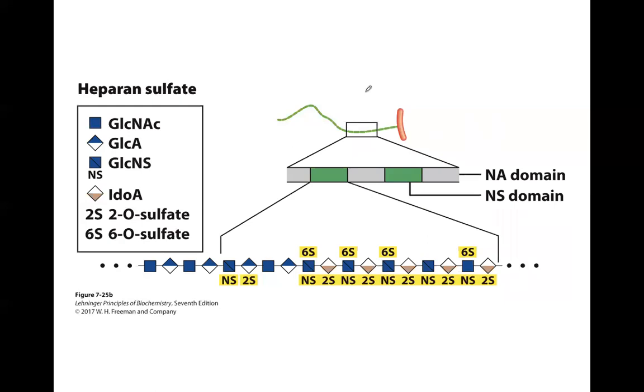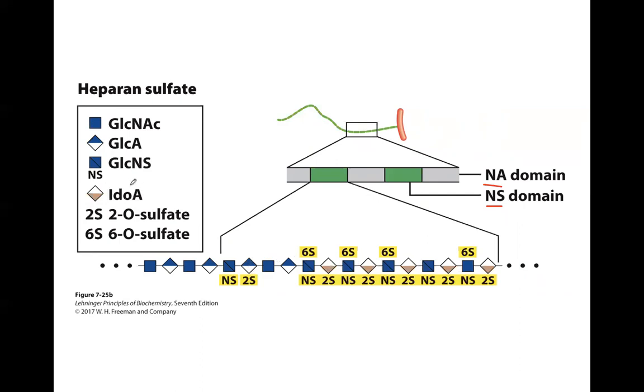And so this is a blow-up view of some of these glycosaminoglycans, which are part of the proteoglycans. You can see there are alternating residues. There's an NA and an NS domain. NA is non-sulfated, NS is sulfated. You can see there are various sugars attached to it.